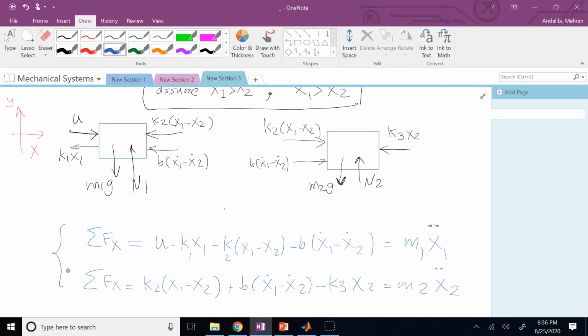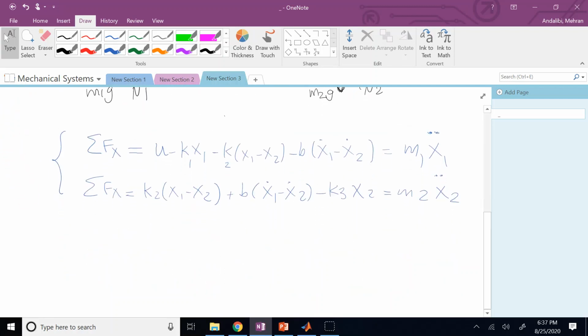And now, since we are looking into transfer functions, I need to take Laplace of these equations and assume what? Zero initial conditions.